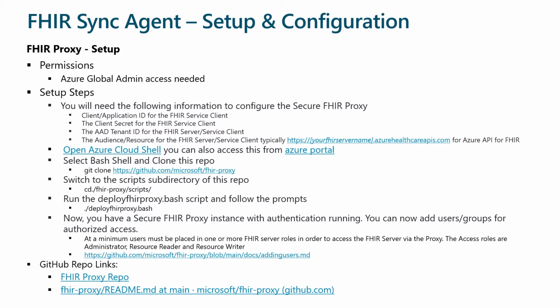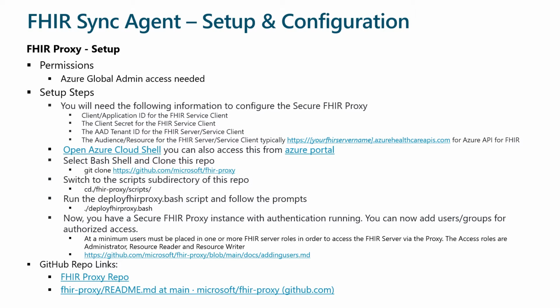And then the client secret from the same application, and the Azure AD tenant ID for the Azure API for FHIR. The audience and resource for the Azure API for FHIR, typically your something.azurehealthcareapis.com. So these are the things that you need before you go ahead and run these scripts.